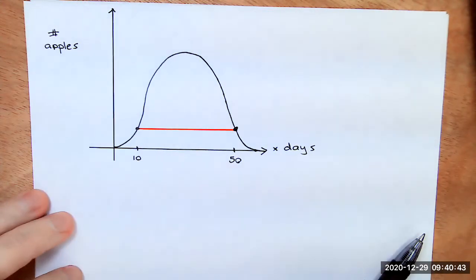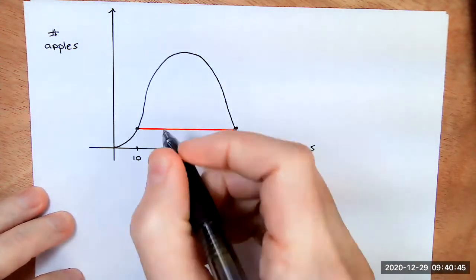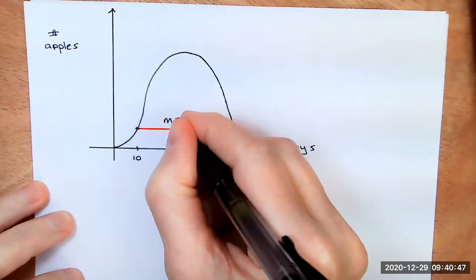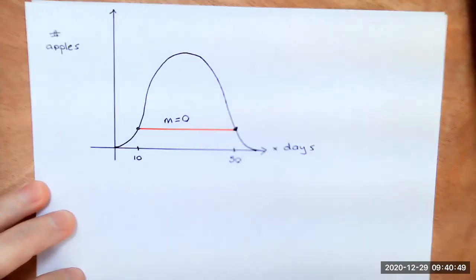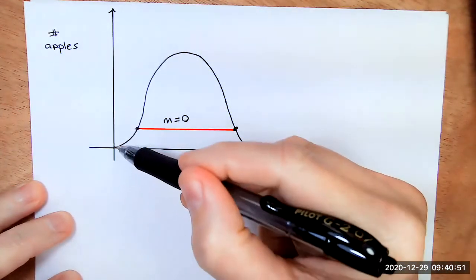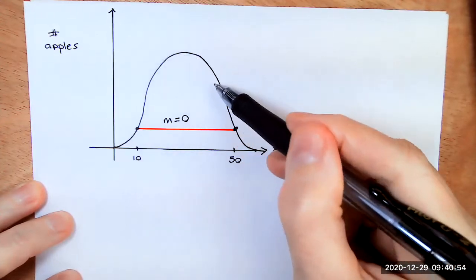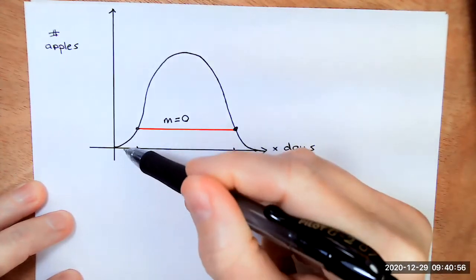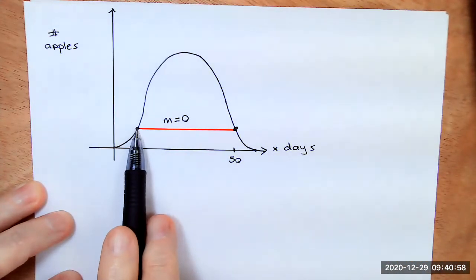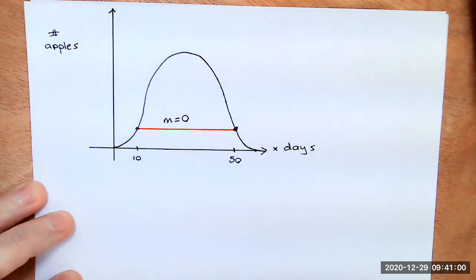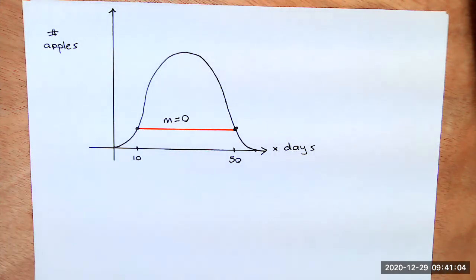And because that's a horizontal line, the slope is 0. So you can see that the number of apples changed a lot over that period of time, but the average rate of change is 0. All right, let's look at another example.